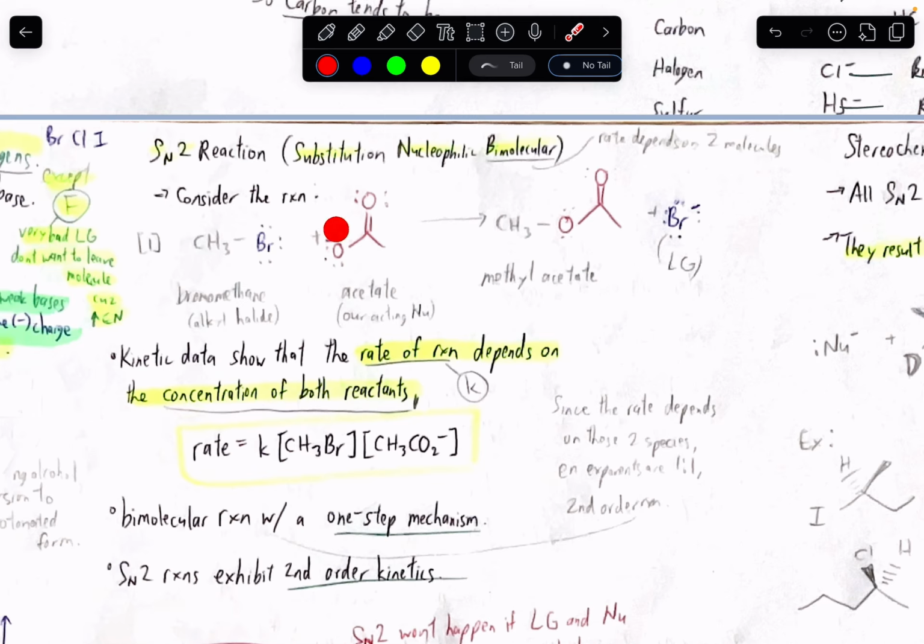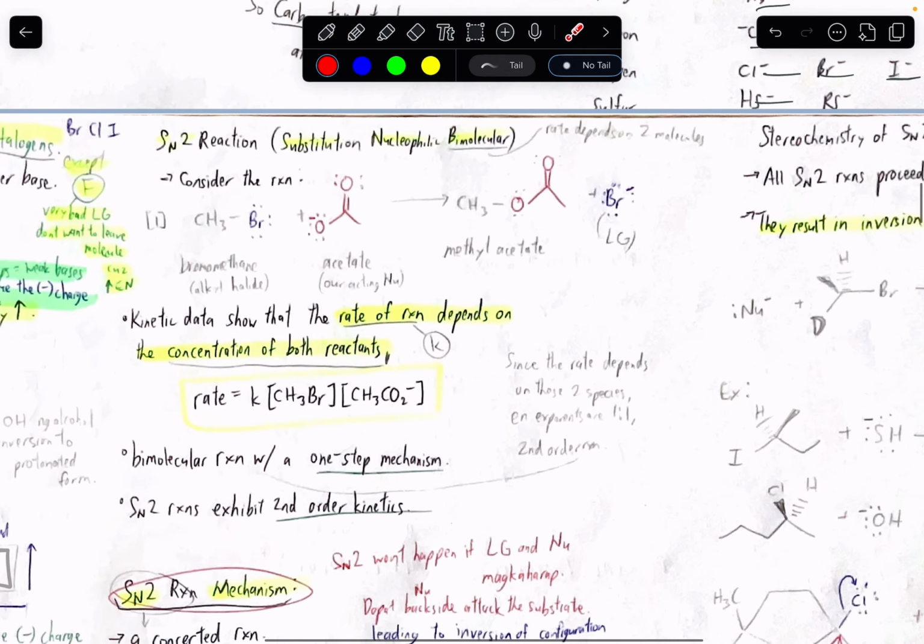It makes sense because we see a negative sign. In the product side, the acetate goes to the alpha carbon, and there's an arrow from the line that connects CH3 and Br going to the bromine. So bromine is the leaving group.